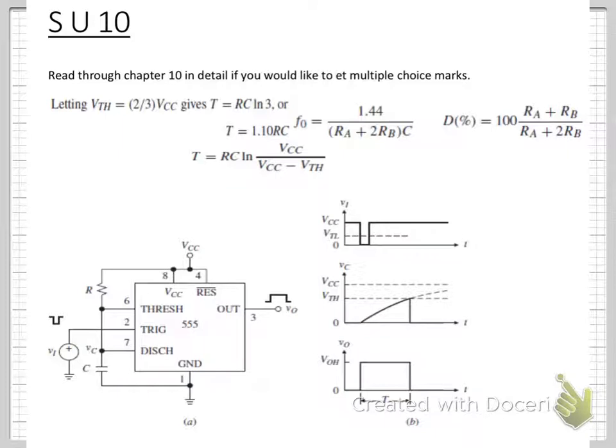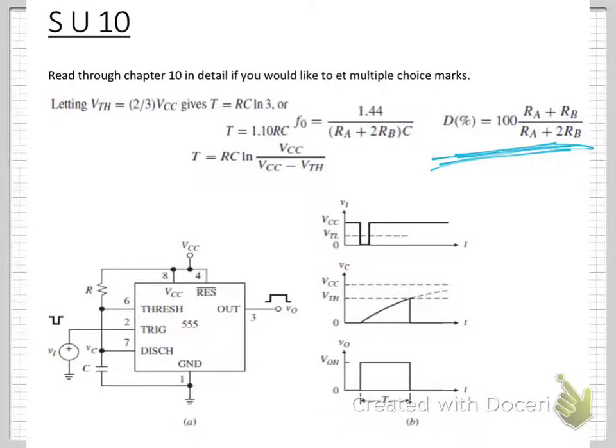So the one thing about your 555 timer is you cannot get a duty cycle of 50%. According to this formula right here, you can plug and play as many different values as you want, but you cannot get a duty cycle of 50%. And in the book, it states that your duty cycle is always greater than 50%, but as a person who's played with the 555 timer, I know how to get the duty cycle less than 50%, but that's just me personally.